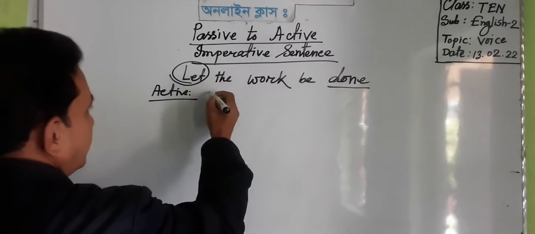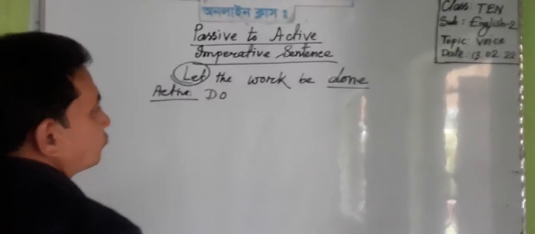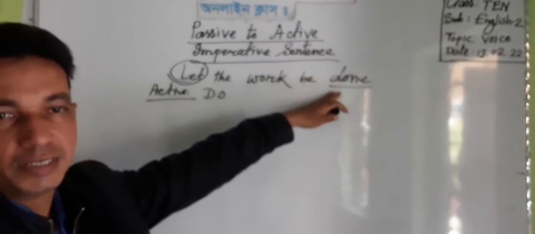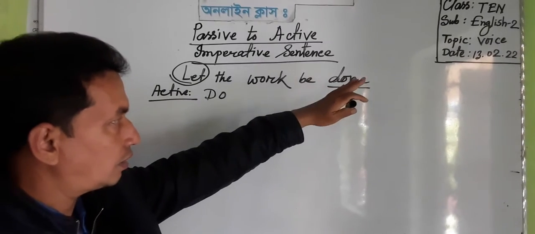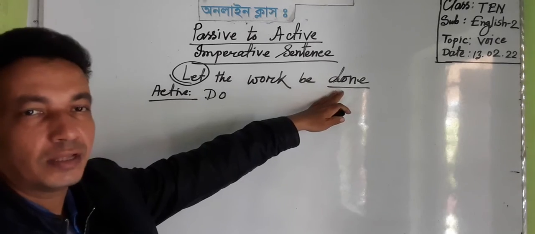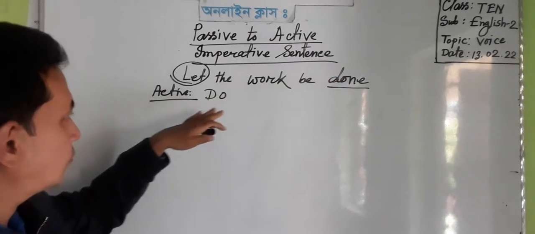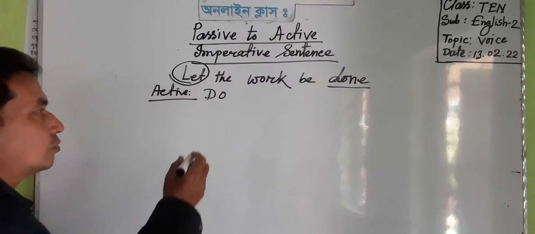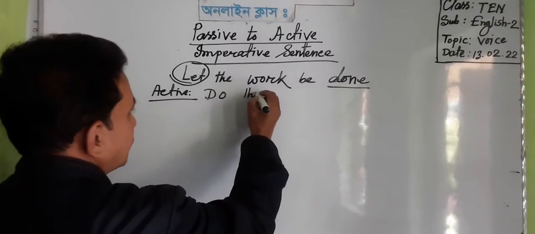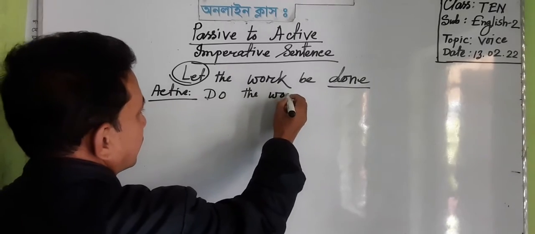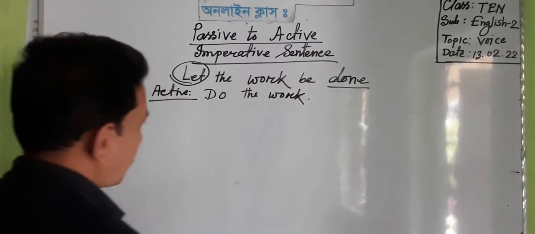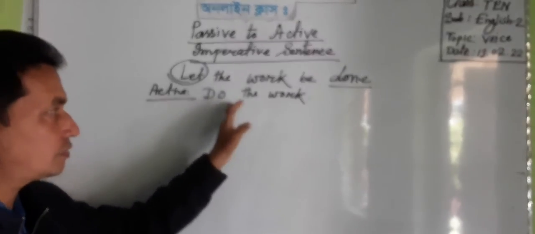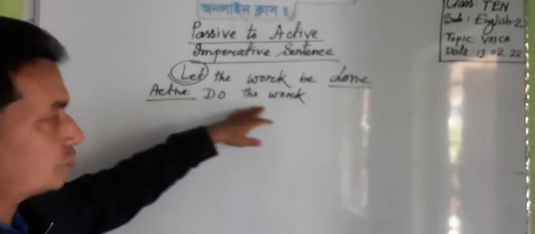So we may write do instead of done, because done is written in passive voice, and we have to change the main verb into present form. So do, and then the object will be the work. There is one kind of imperative sentence in which there is no personal object.